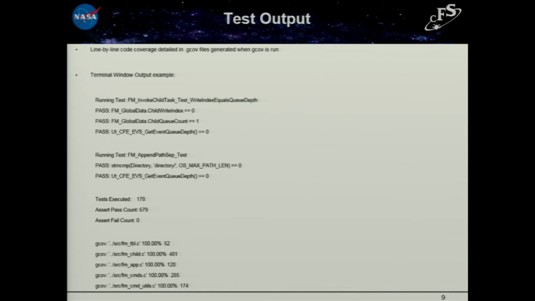Yeah, that's true. So one thing that we did is to actually split those out. So you have UT Assert as just the basic framework, and then the stubs and hooks in the application that they're actually stubbing out.